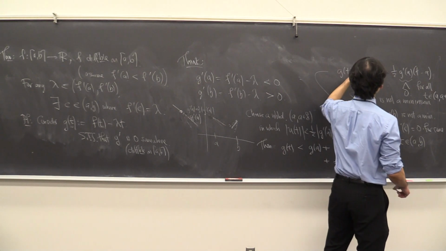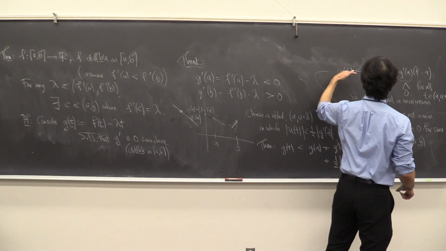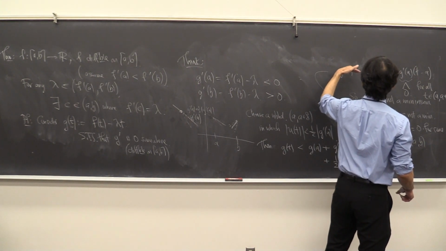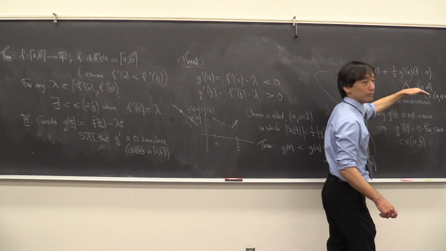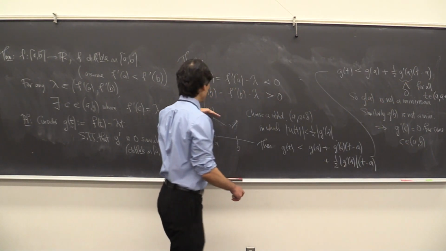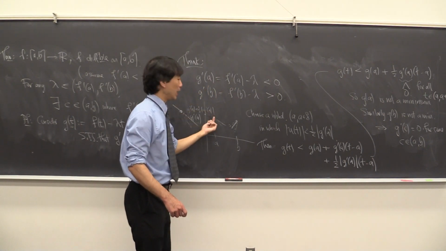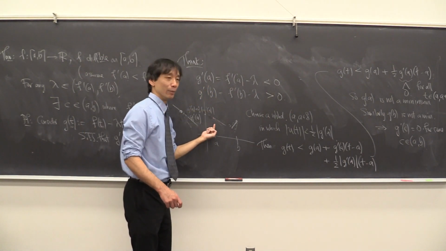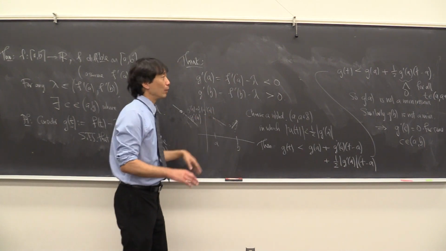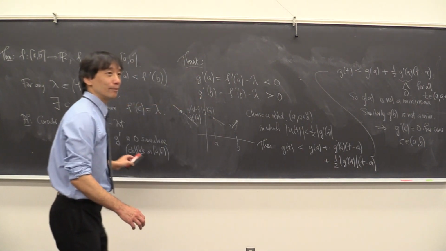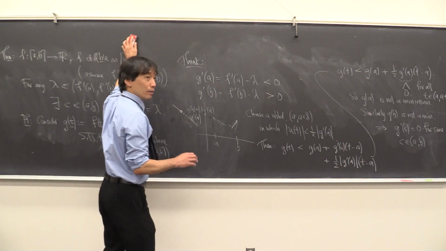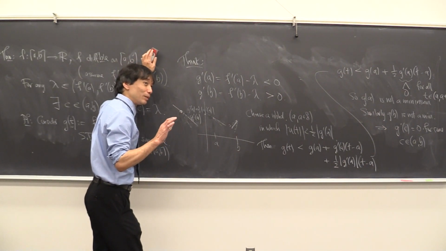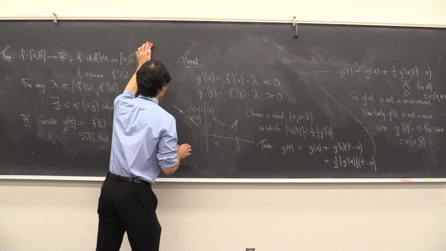And so you see that this function is smaller than something with negative slope, and so it can't have a minimum there. Sorry. Okay. Does that make sense? Okay.